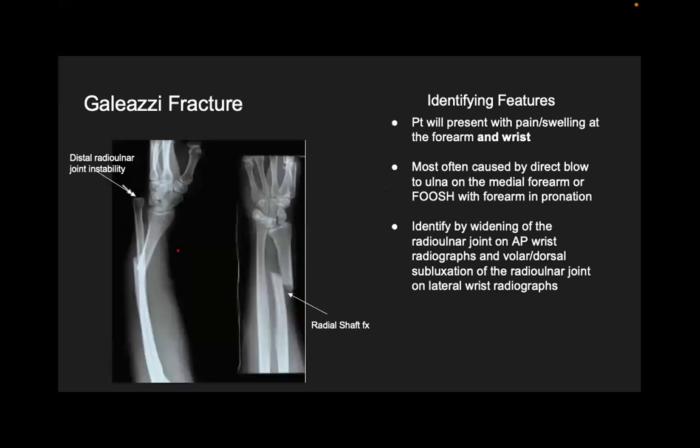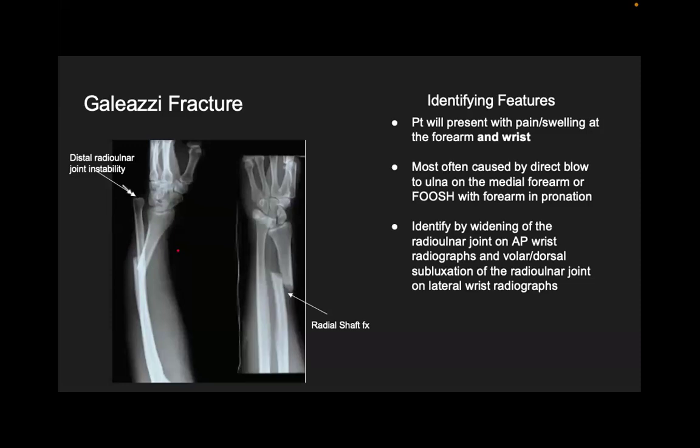So, Galeazzi fracture again. What are the two components? Okay, so what fracture do we have? A radial shaft fracture, and then the dislocation is going to be at the DRUJ, or the distal radioulnar joint.